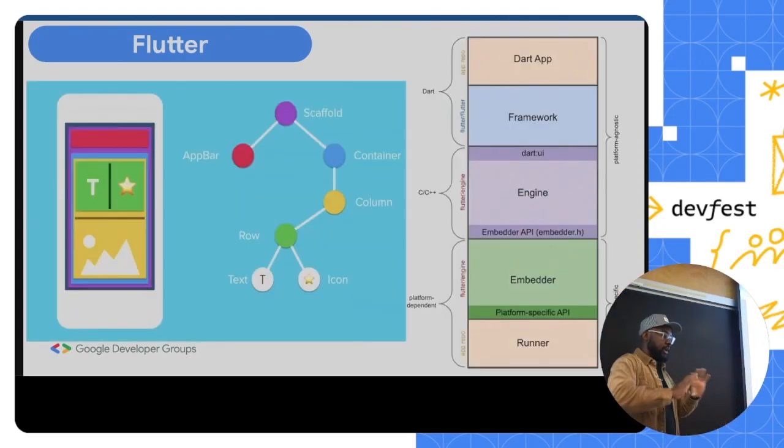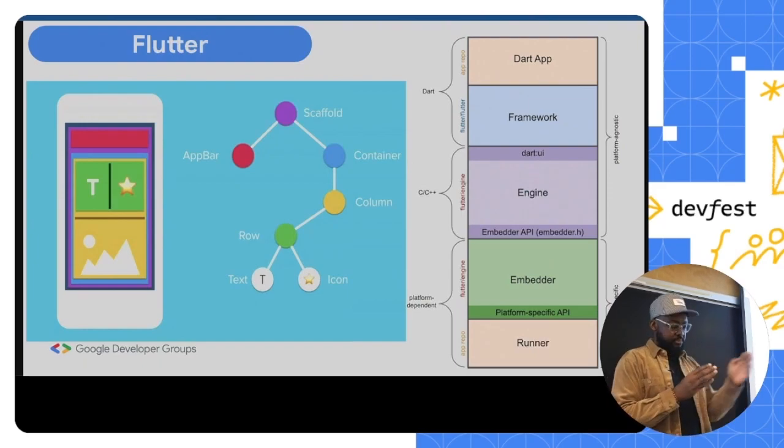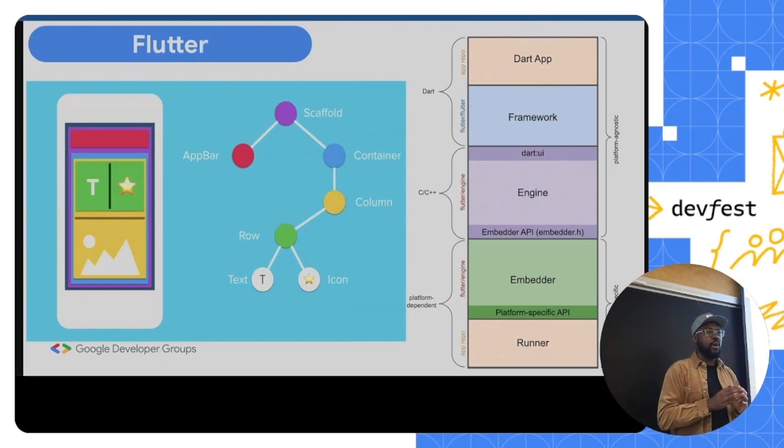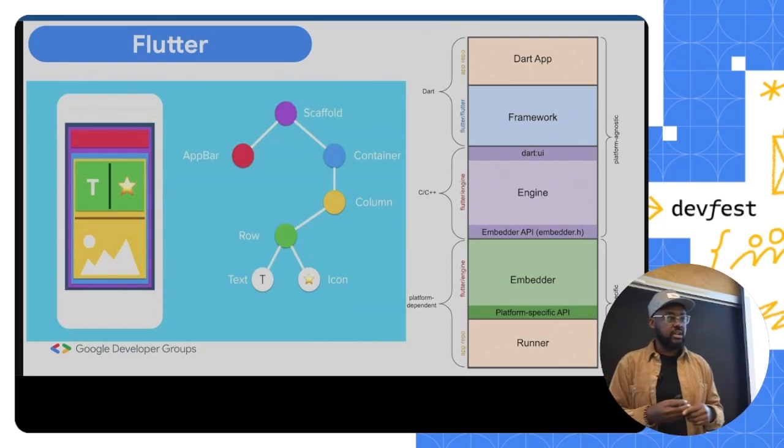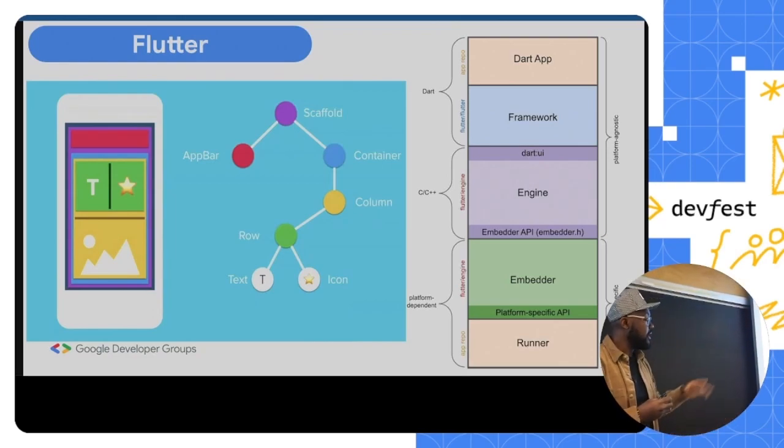So in Flutter, when you start building your application and designing your UI using Dart, you are basically building a tree where you add nodes. So the Flutter interface is kind of assembling a tree of widgets, right?